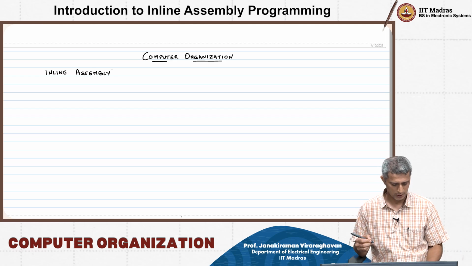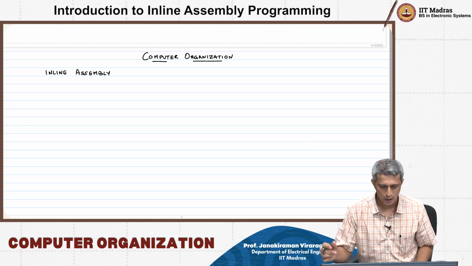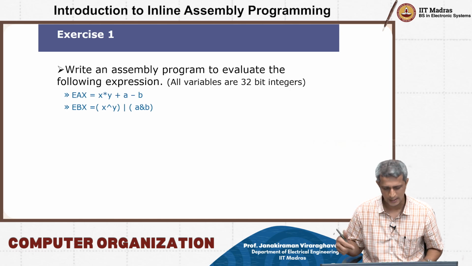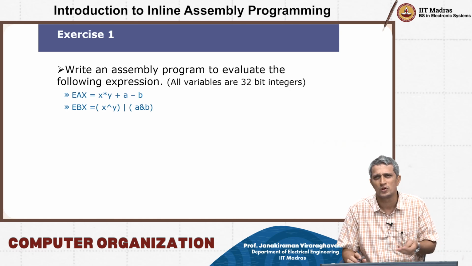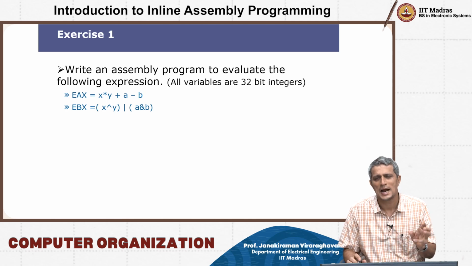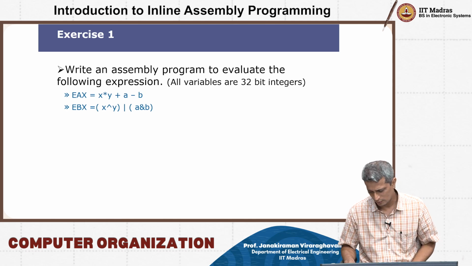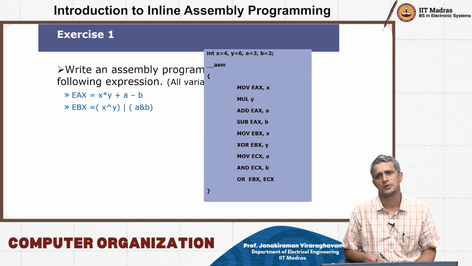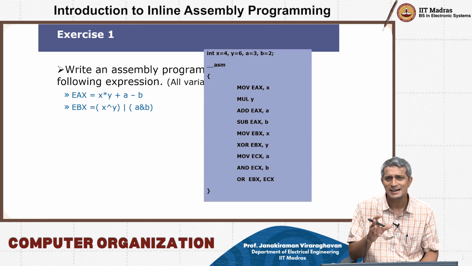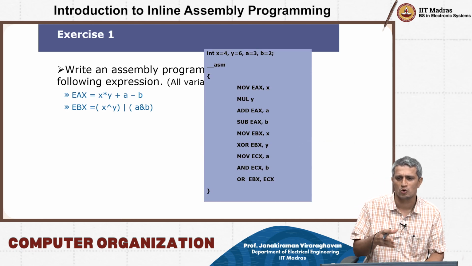In the last week you would have noticed that when we discussed simple assembly programs like multiplying two numbers, adding, and subtracting, I glossed over a certain notation. I said int x equal to 4, y equal to 6, and then wrote _asm with a bracket.